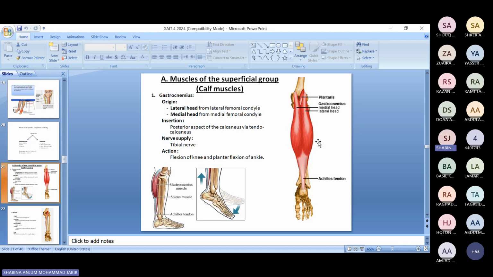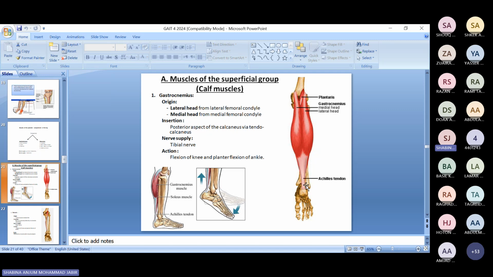So this gastrocnemius is also called the calf muscle. It has two heads, lateral and medial. The lateral comes from the lateral condyle of the femur bone. In the same way, the medial comes from the medial femoral condyle. Then what is the insertion? If you see this tendon, you can even feel it on yourself.